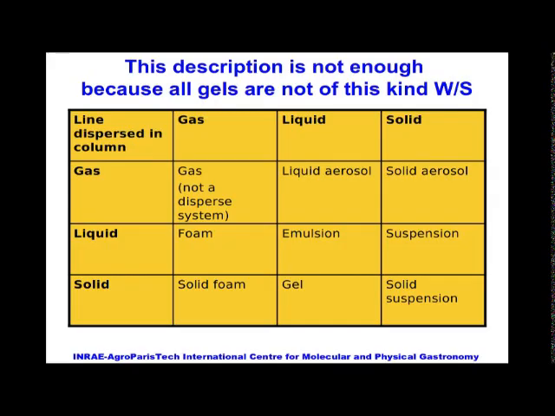So this table is not completely wrong, except that you see gel. When you disperse a liquid into a solid, it is said to make a gel. But the word disperse in this case has to be considered very thoroughly, because we have seen with chocolate that it is not a dispersion stricto sensu. So let's move on.